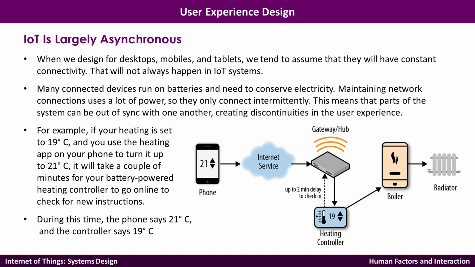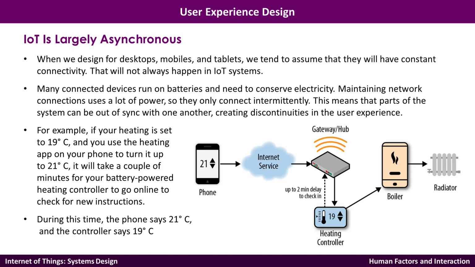So they are periodically checking the temperature, and what the user preferred temperature is, if the user actually increases it, and then that updated value is pushed into the smart home system, and it will take a couple of minutes for a heating controller to go online and check for the new instruction, which is now that the heater realizes that the temperature should be 21 Celsius.